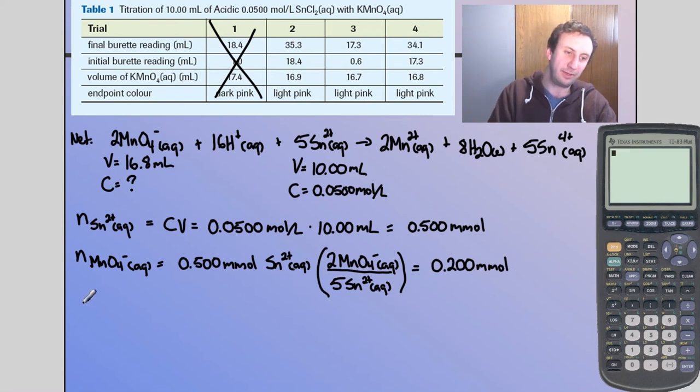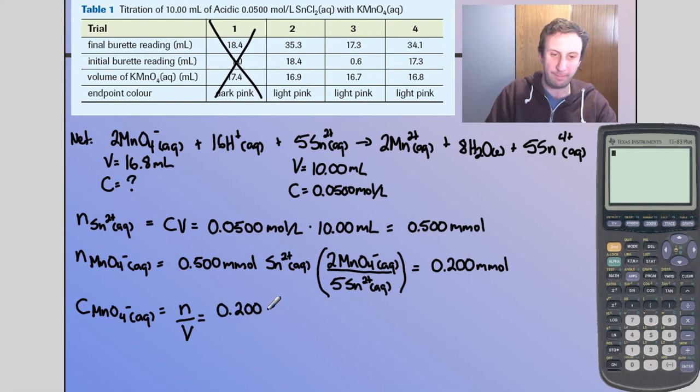And then finally, I can find my concentration of permanganate, so C of MnO4 minus aqueous, by doing moles divided by volume. C is equal to n over V. So I have 0.200 millimoles divided by my volume of permanganate, which I found to be an average of 16.8 milliliters, using the 3 trials that ended up giving us decent data.